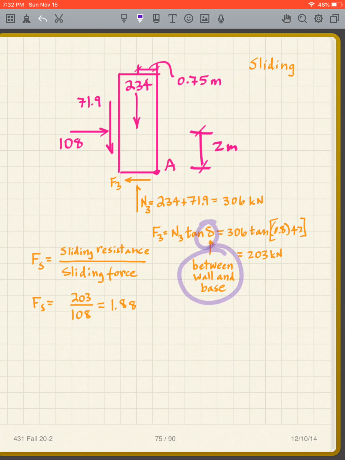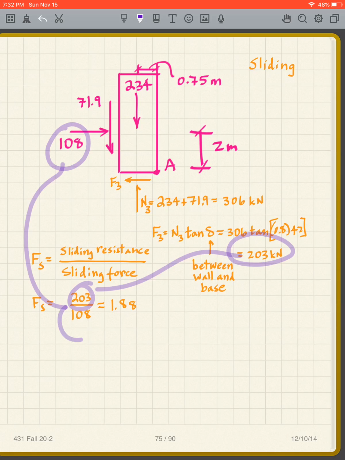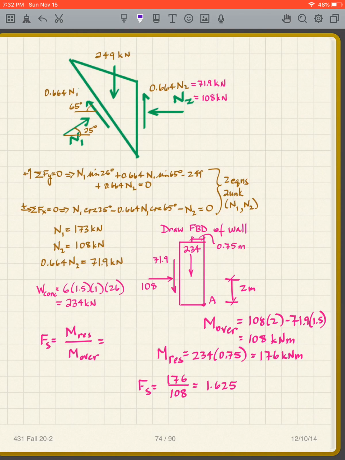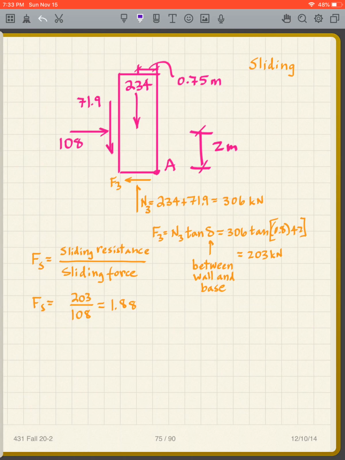Yes, that's the delta between the wall and the base. So my sliding resistance is 203. My sliding force is the 108. And so I end up with 1.88 as my factor of safety against sliding. So if we look at this, for overturning we had 1.625, so overturning is more critical than 1.88.